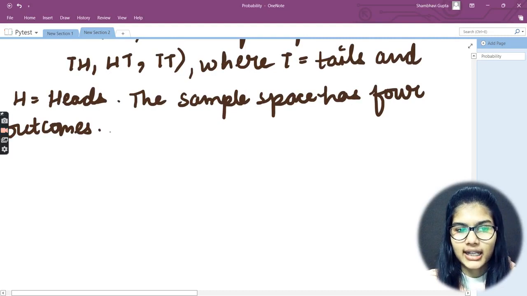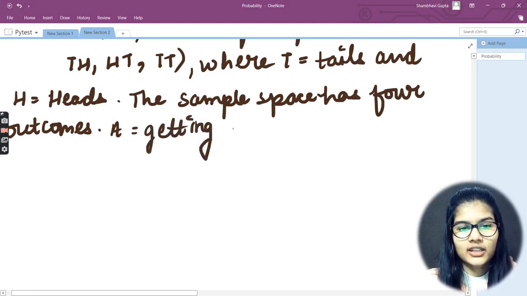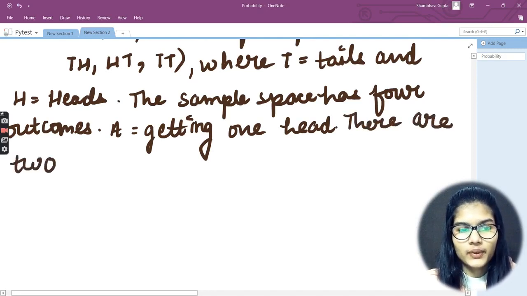The sample space has four outcomes in total. Further, A is my probability of getting one head. So I have to compute the probability of getting one head. There are in total two outcomes which have one head. So I would write that there are two outcomes.